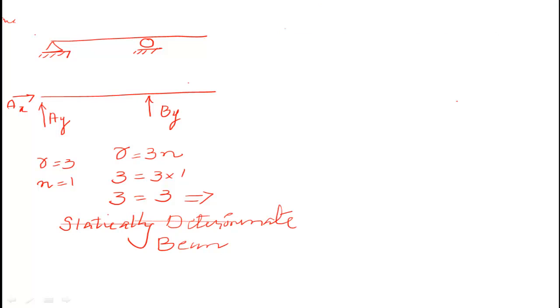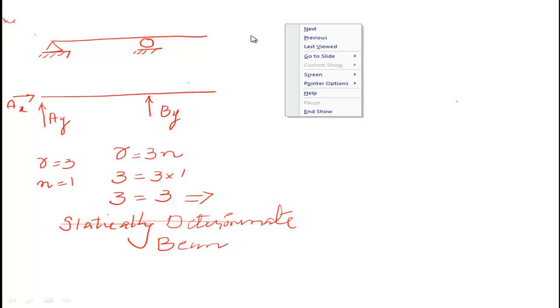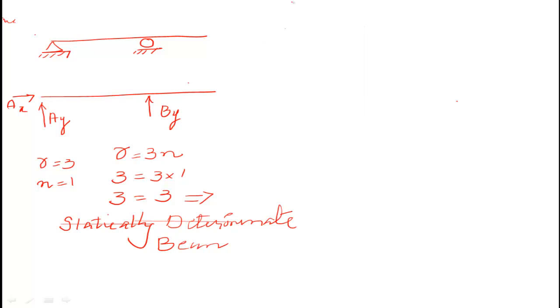Now we have another example. It has a fixed support at the left end and a roller support at the right end, and in between, at the center, it also has a roller support.